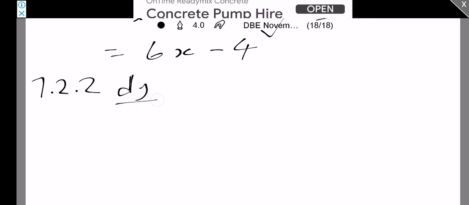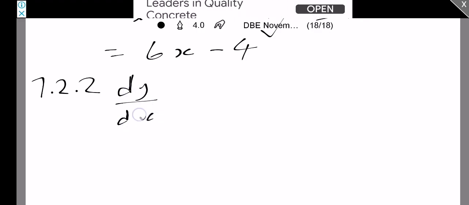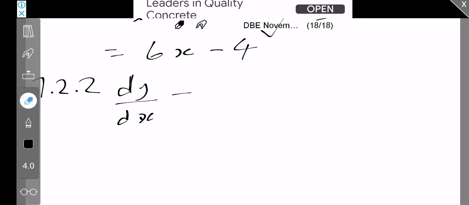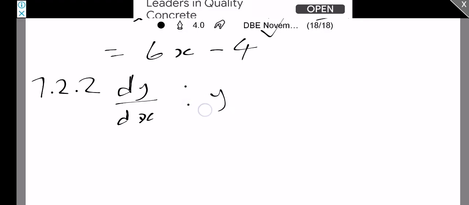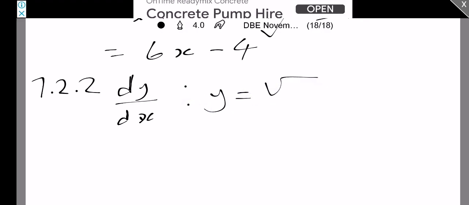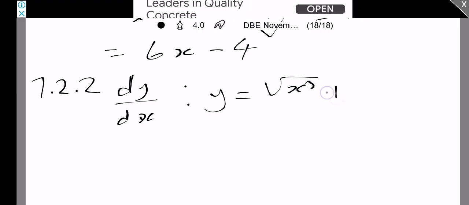Dy over dx means differentiate y with respect to x, where y equals the square root of x cubed, plus 5 over x, plus half pi.